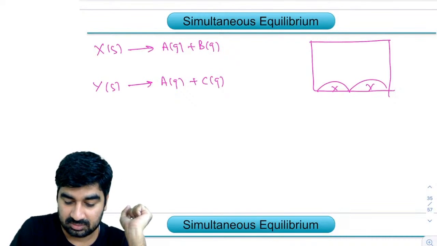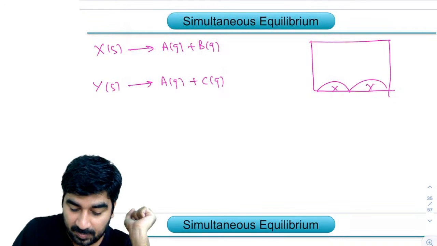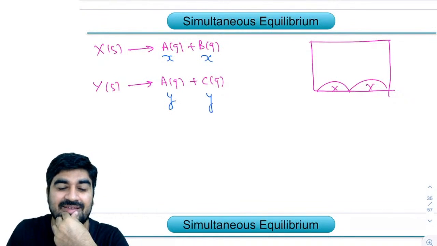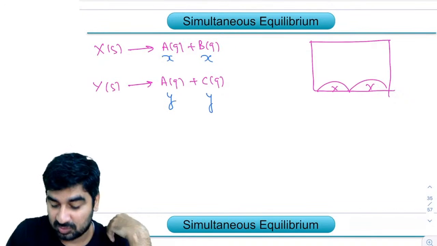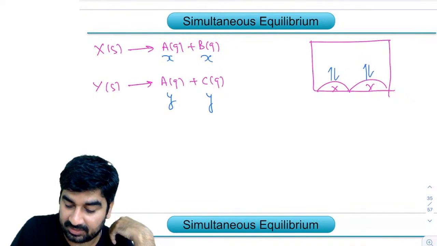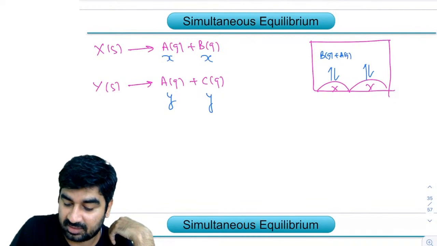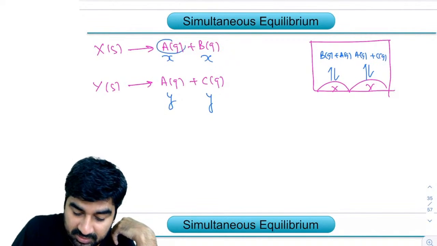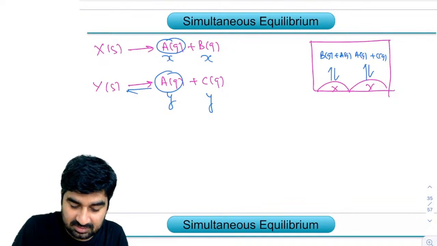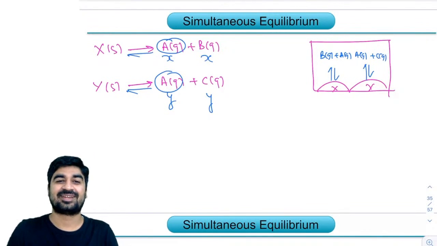Suppose here I am getting X, here I am getting Y. If I talk about the equilibrium, I will get B gas plus A gas, and this A gas I am also getting here, along with C gas. So here you can see A gas is common, and there should still be equilibrium, right?